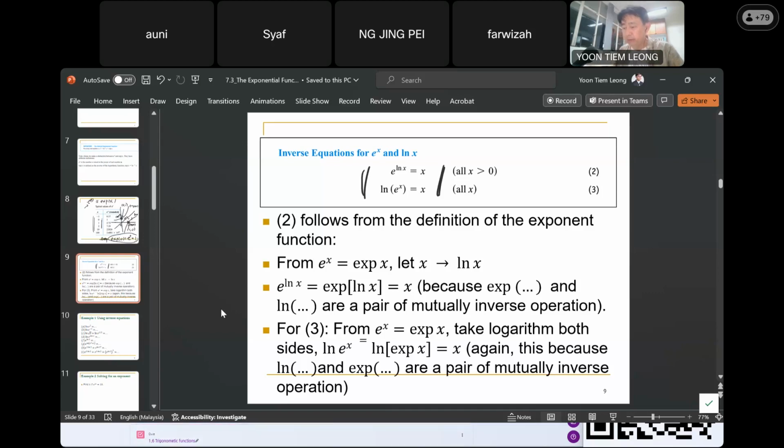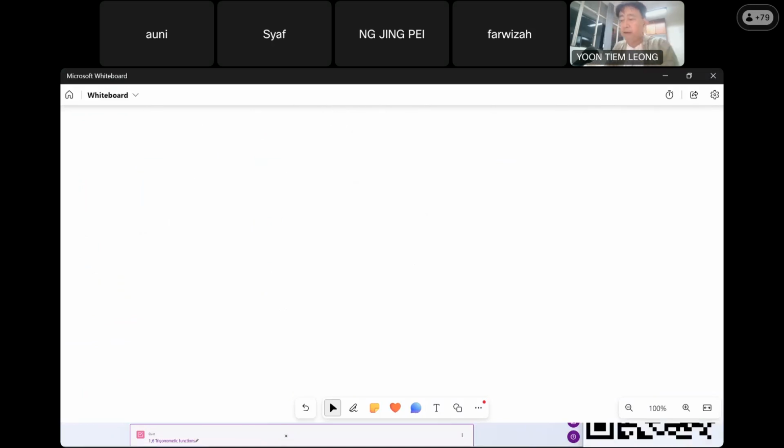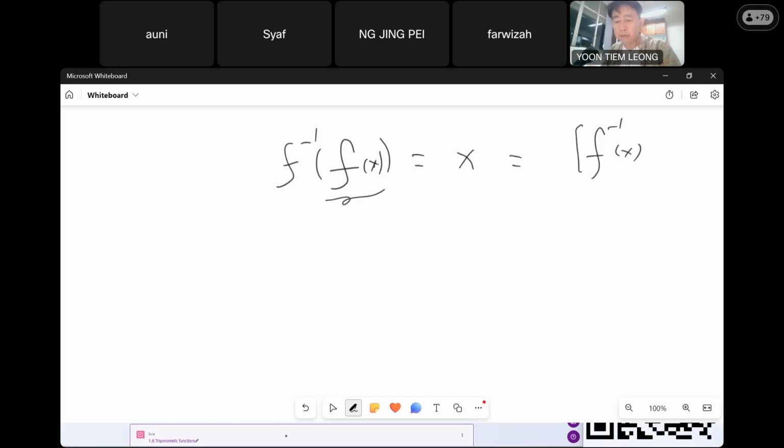This is a very important idea: a function and its inverse always behave in such a way that when you slot an x into the function, and then slot that into the inverse, this will always give you x. The same thing happens if you slot an x into the inverse of the function, and then slot that into the function: you get back x.